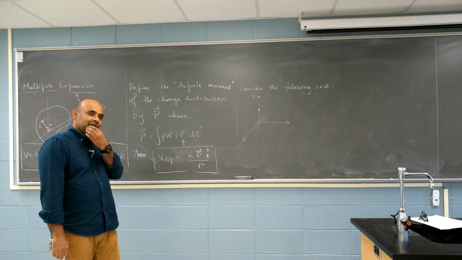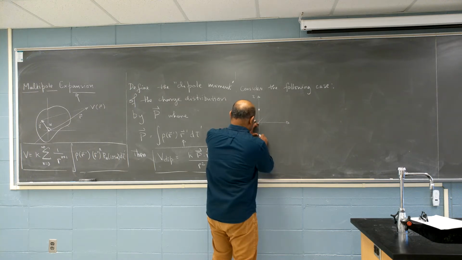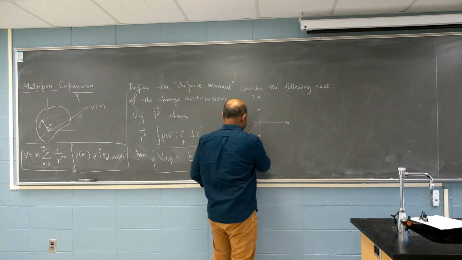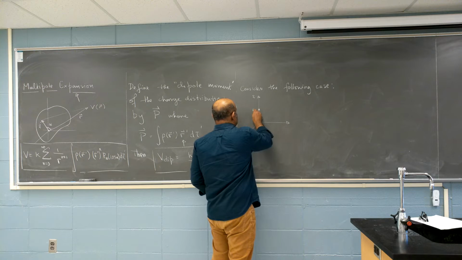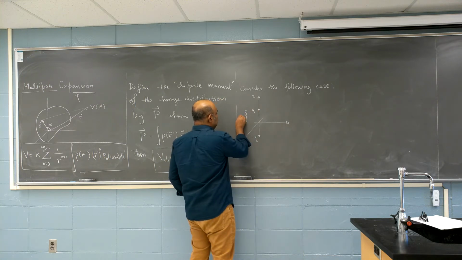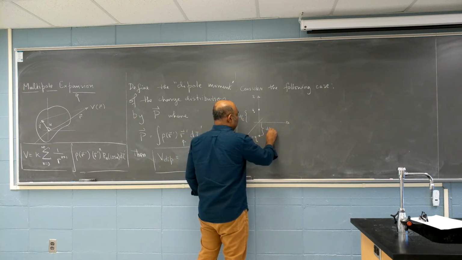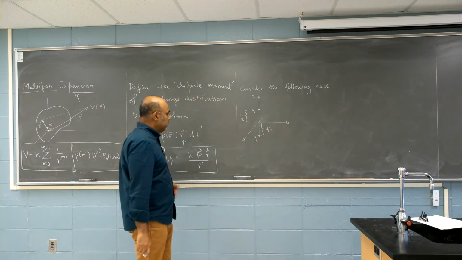All right. So, we've seen this before. Minus Q. This is d over 2, and this is d over 2. How can I compute the dipole moment?